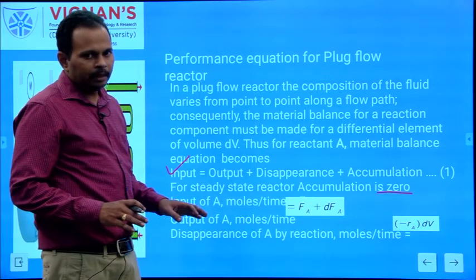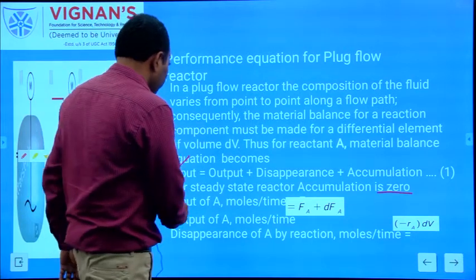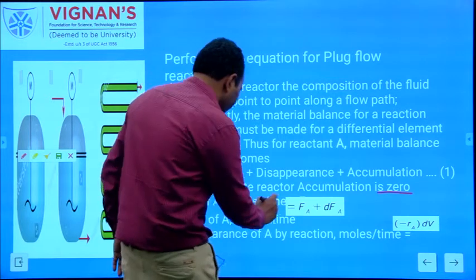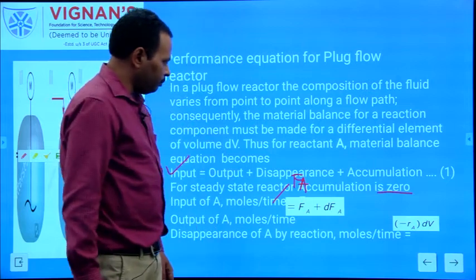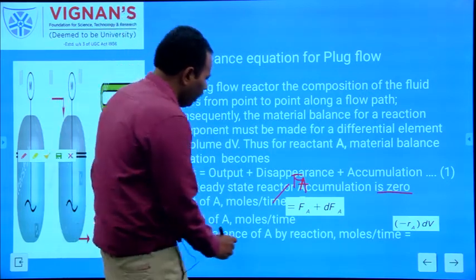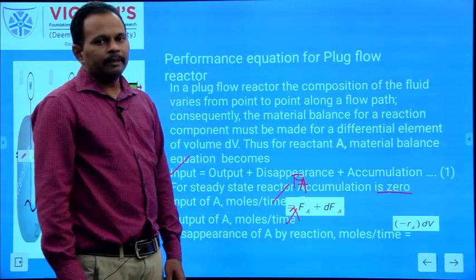Small correction, input of A is FA. The input is FA. What is output? Output is equal to FA plus dFA.